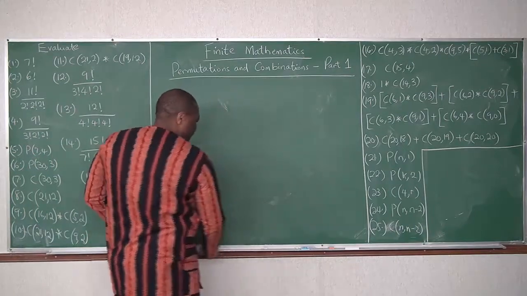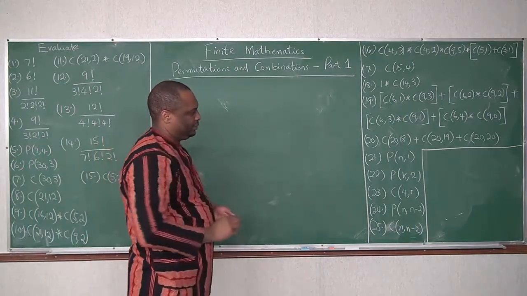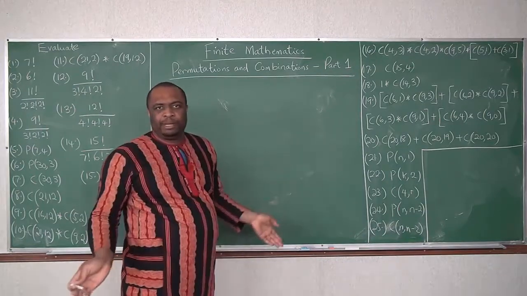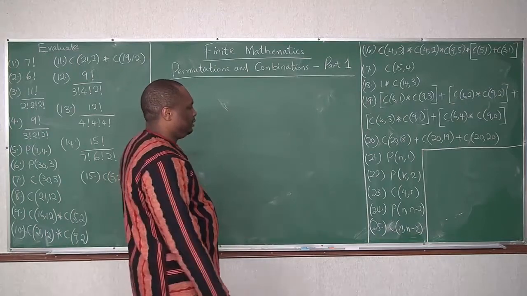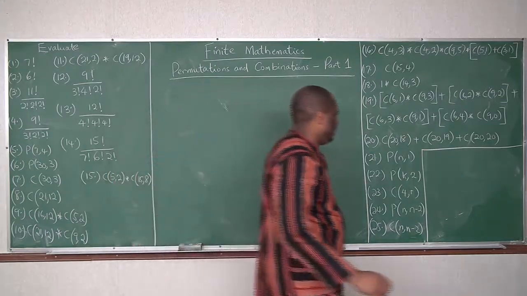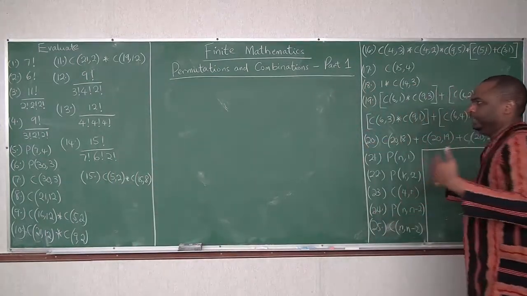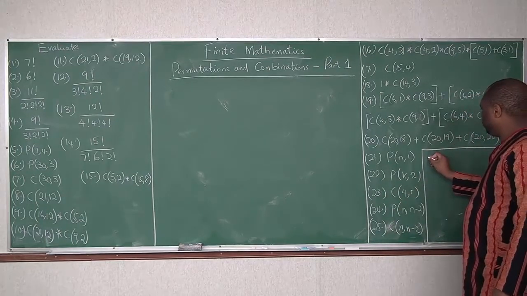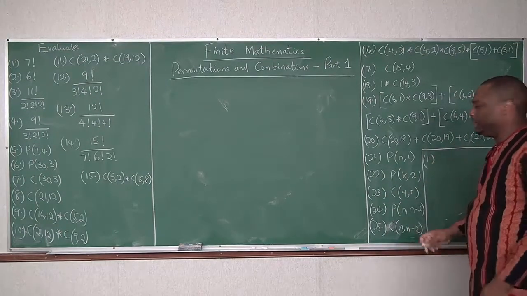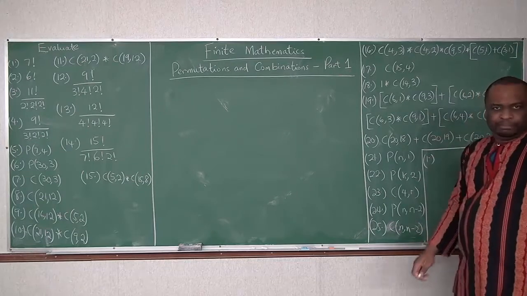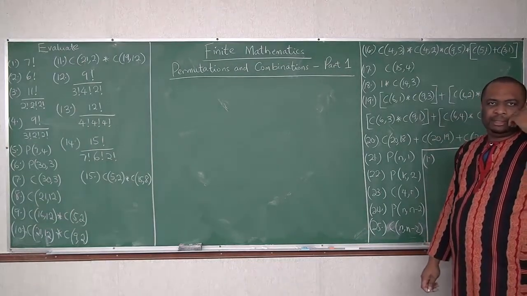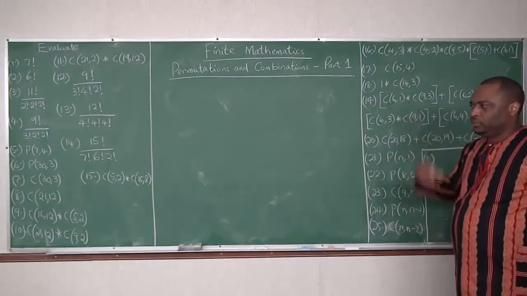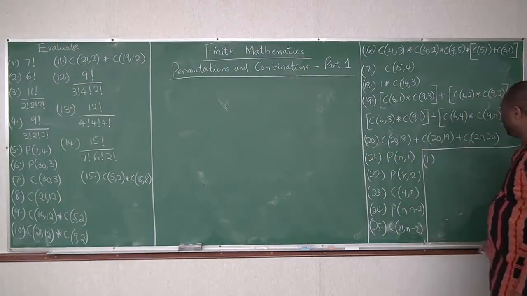I'm going to write out the formulas here, because we have 25 problems to solve. You can take down these formulas. We did it previously in the earlier videos, but let us recall these formulas.